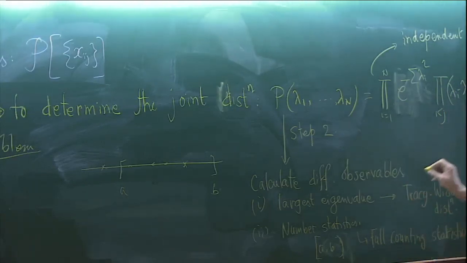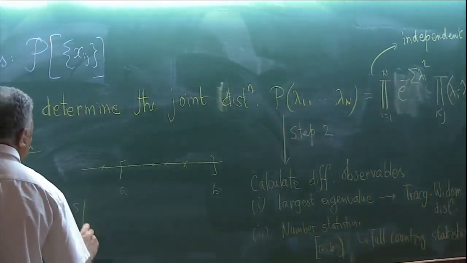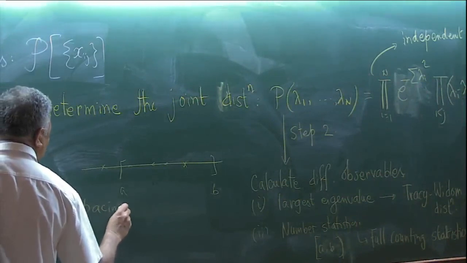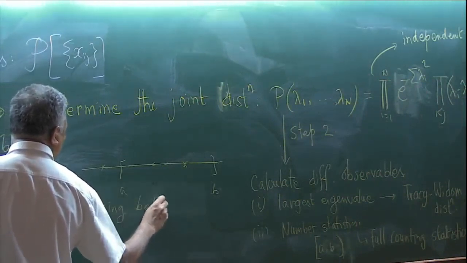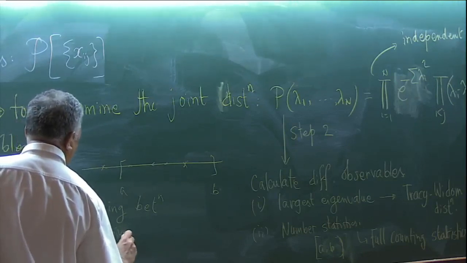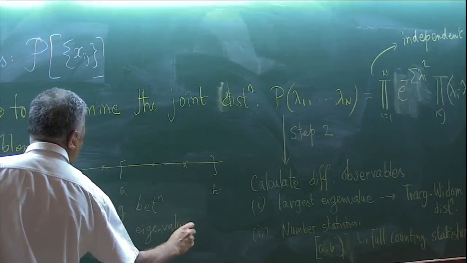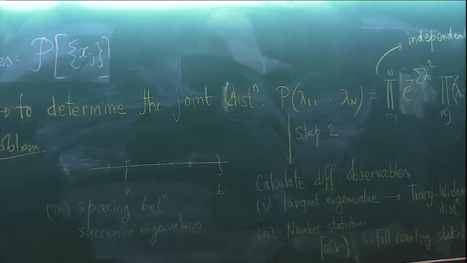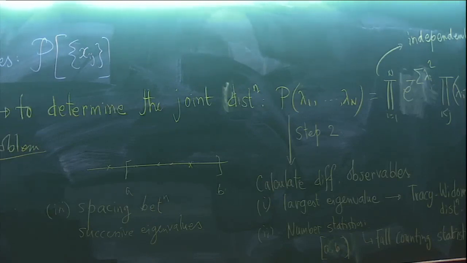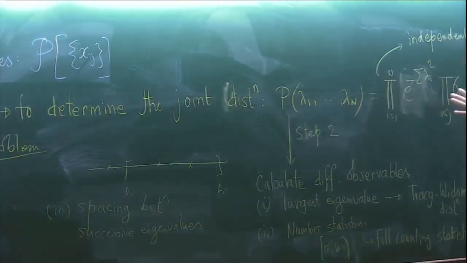Then I mentioned already that there is a spacing distribution, the spacing between successive eigenvalues. And there are many other such observables. So this is a more technical problem. I mean, the joint distribution exactly. We'll see how to derive this at least later.